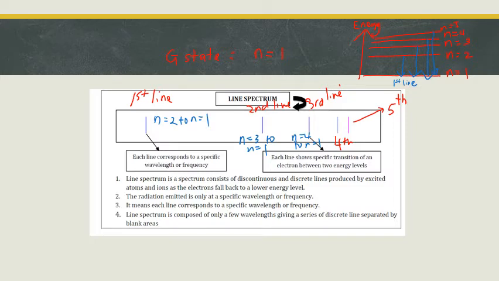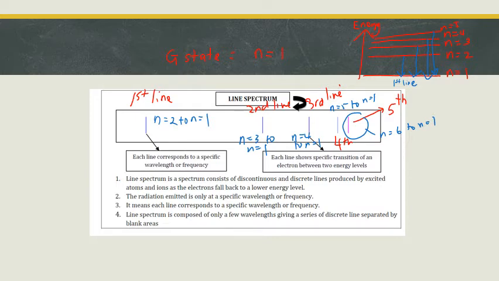I pernah explain this gapping dalam lecture yang pertama, tak salah I. So, line yang keempat terbentuk bila N sama dengan 5 to N sama dengan 1. Electron fall from N equal to 5 to N equal to 1. And the last line, okay, N equal to 6 to N equal to 1.